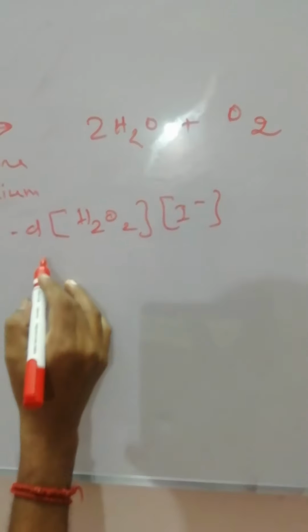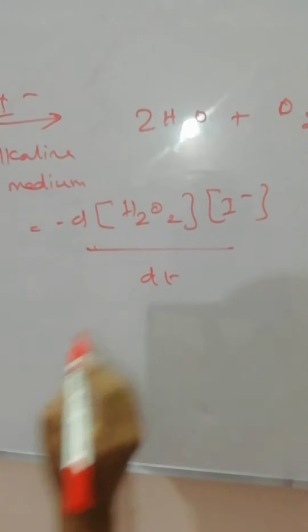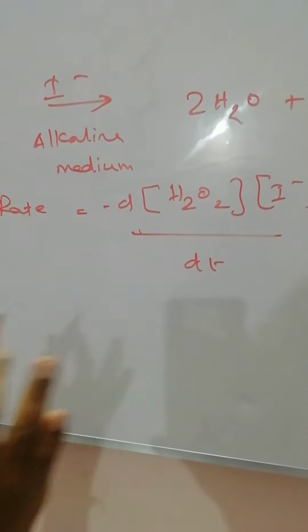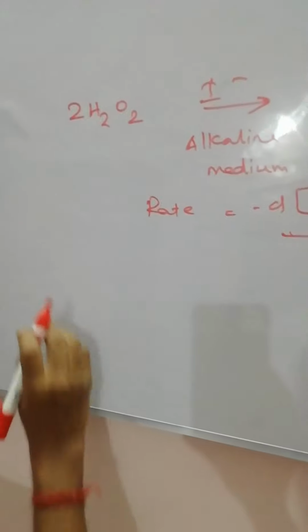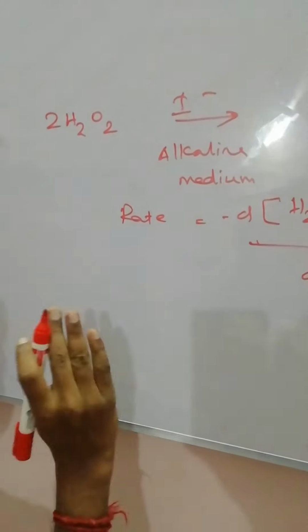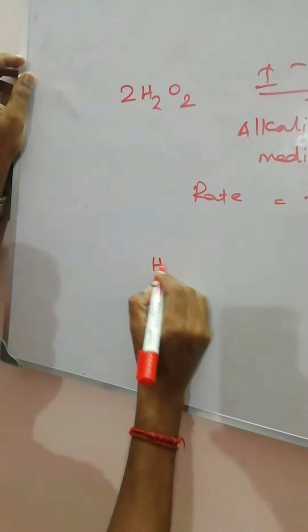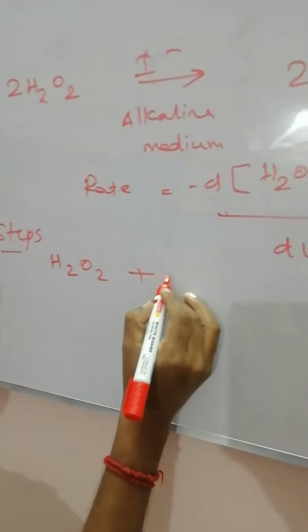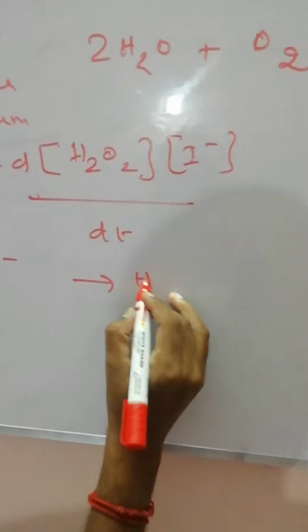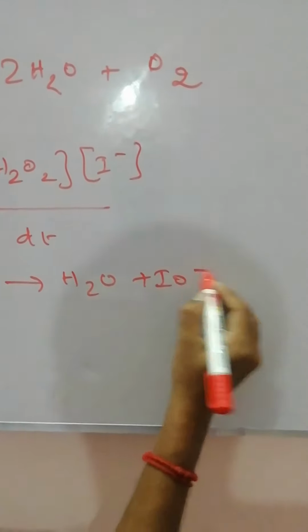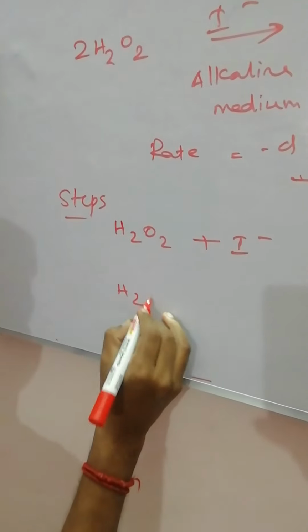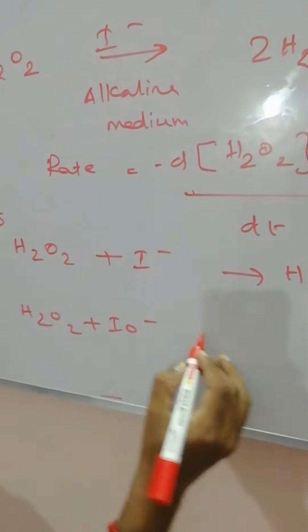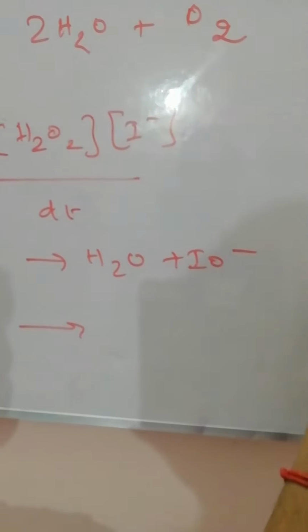So this is the rate given. Now we have to write the steps like this. H2O2 plus I minus gives H2O plus IO minus, then H2O2 again plus IO minus gives H2O plus I minus plus O2. This is the slowest step.